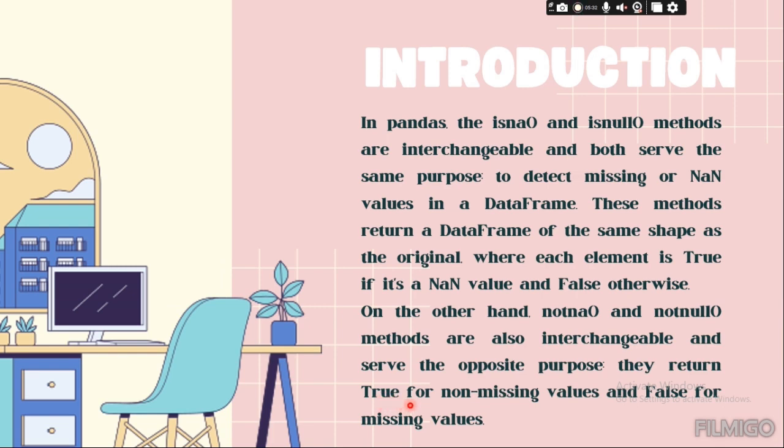The output we get is a boolean data frame which contains true and false values. These values indicate whether the entity in that cell is a NaN or not. Don't worry, this may be a little bit confusing. When we have an example on these methods, we will get clear on all those things.